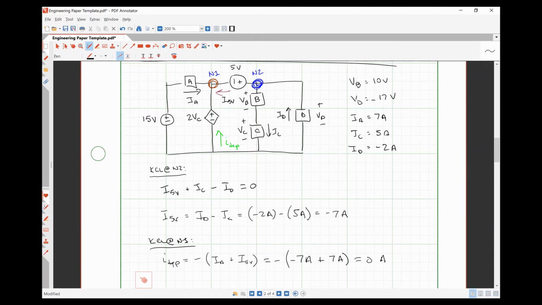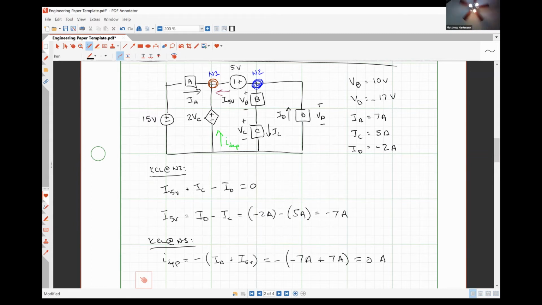Can you explain whether the currents entering are going to be negative or positive? It is your choice. If I have assumed the convention that currents that are leaving the node are positive and currents that are entering the node are negative, but it is entirely up to you. As long as you're consistent, it literally doesn't matter which way you do.